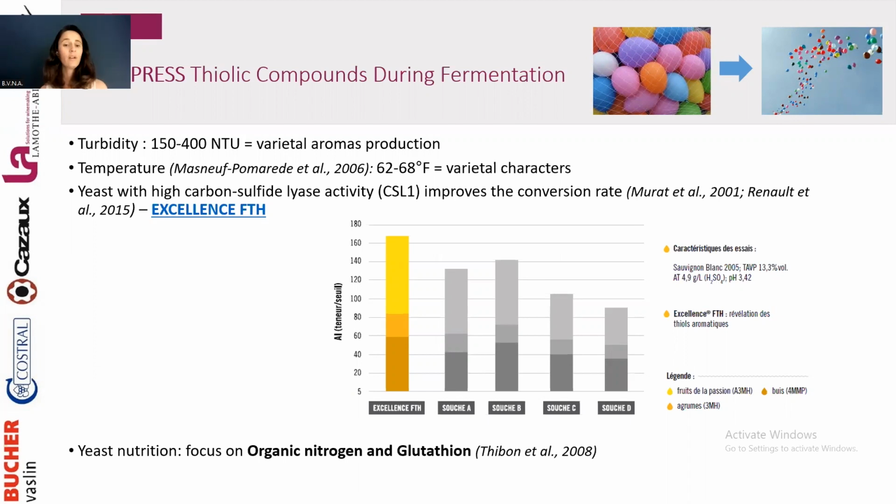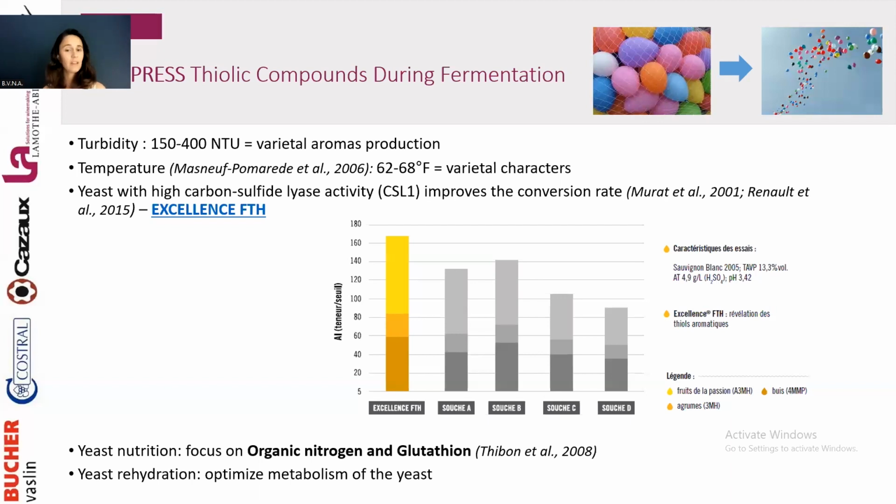Focus on yeast nutrition. We know that the yeast will produce more thiols when, of course, we give her glutathione, as you saw in the previous slides, but also if we focus on organic nitrogen, which is way healthier for the yeast than DAP. So we have better results when we focus on organic nitrogen. And the last point to help the yeast express more thiolic compounds is yeast rehydration.